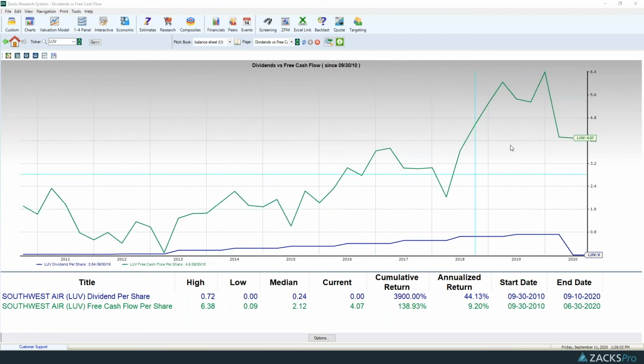Whereas in this case, Southwest has a very comfortable dividend coverage ratio where their free cash flow is significantly better than their dividend payment. So this dividend is sustainable. However, you can see that, as a result of COVID and the unpredictability of when passenger travel will ever bounce back, out of an abundance of precaution, Southwest, you can see they cut their dividend to 0.